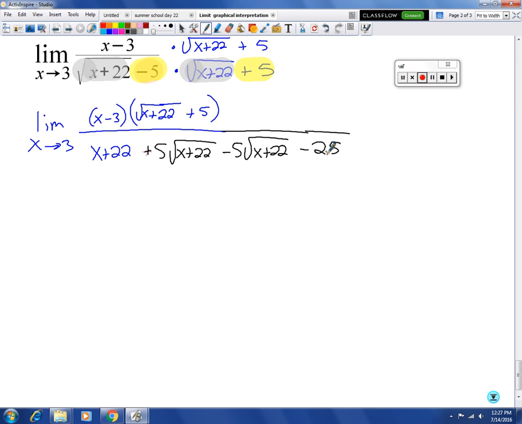Alright, let's combine the bottom, and leave the top alone this time. First things first, very obvious, these two cancel out. Thank goodness, we don't want to write all that again. Let's see, x plus 22, and we have a minus 25.